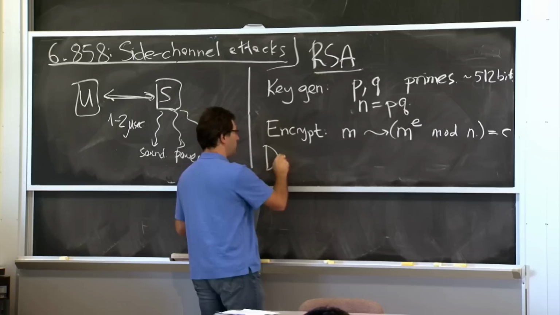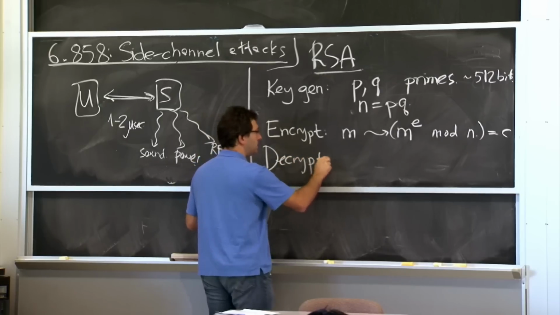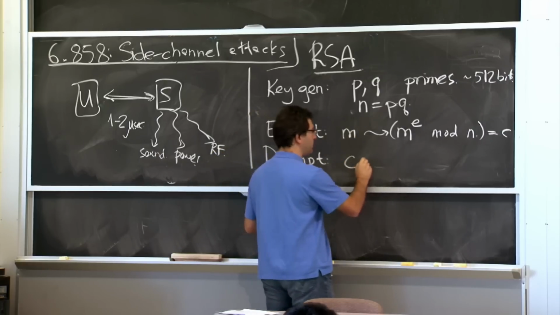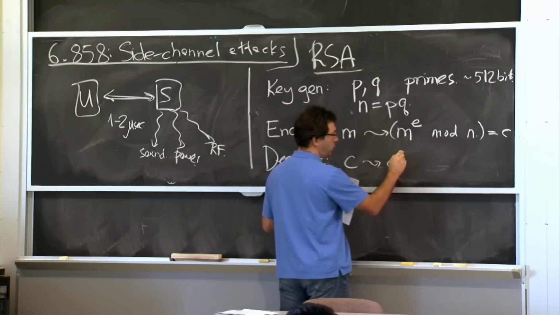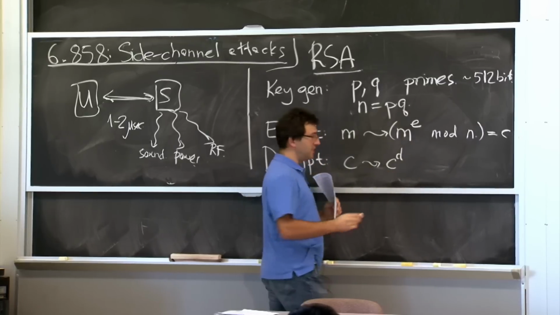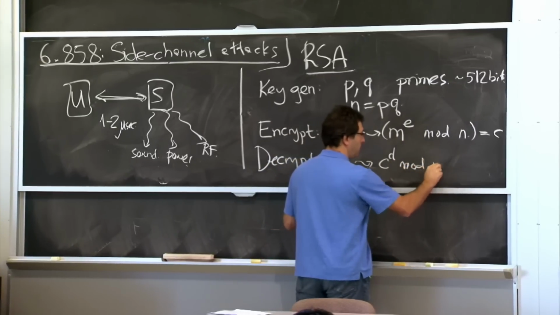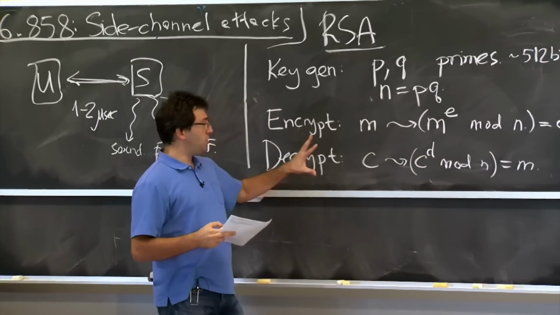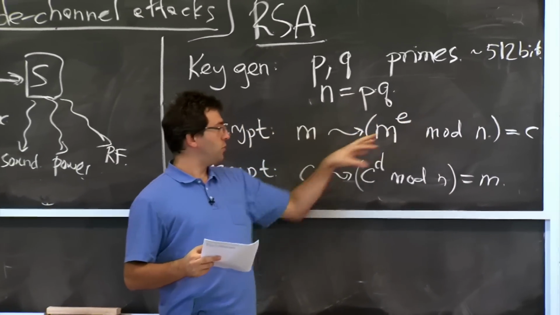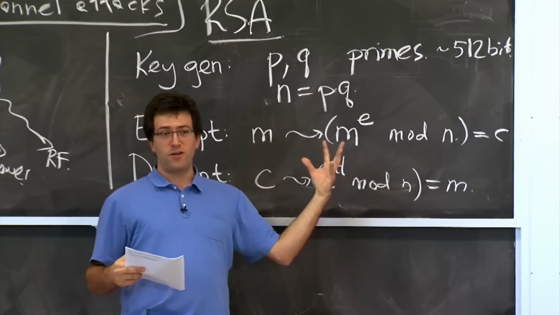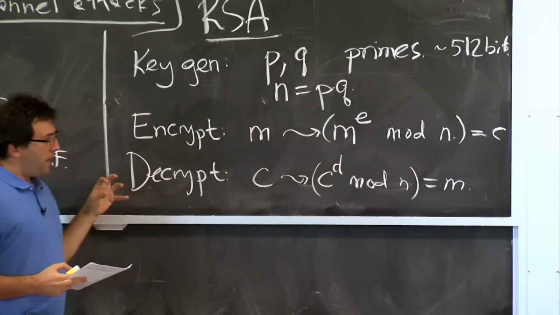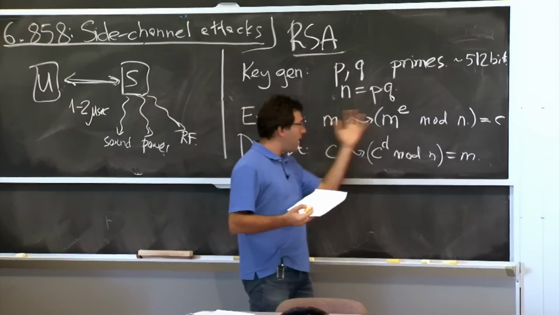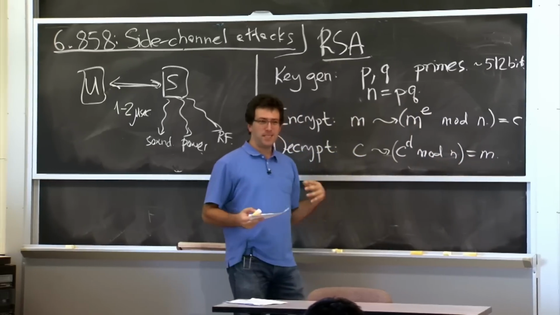Then to decrypt it, we're going to find another exponent d, such that if you take the ciphertext C and exponentiate it to the power d mod n, you magically get back the same message m. So this is the general plan. To encrypt, you exponentiate. To decrypt, you exponentiate by another exponent. In general, it seems a little hard to figure out how we're going to come up with these two magic numbers that somehow give us back the same message.